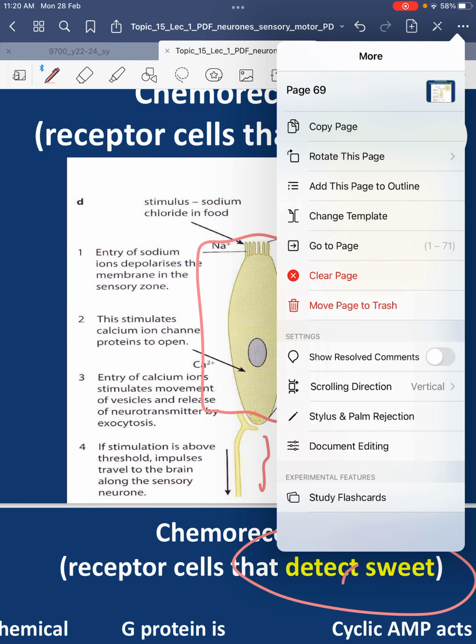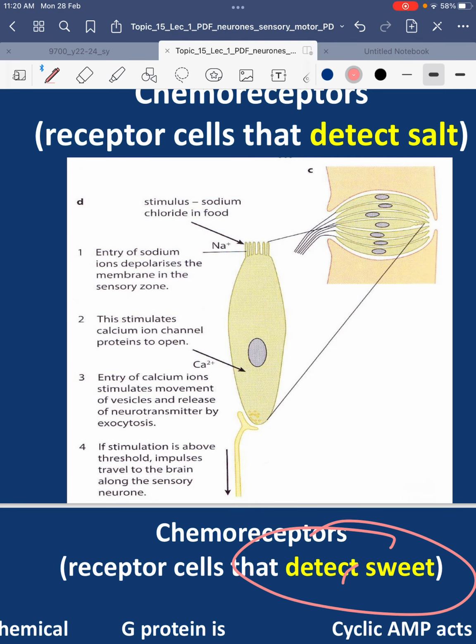So what happens is that when you eat something salty, that is sodium, it will depolarize the membrane. Depolarize, you can just keep it in mind, simply means that there is just like a starting point, like a nerve impulse occurs in this region here, and then it will move in this direction.